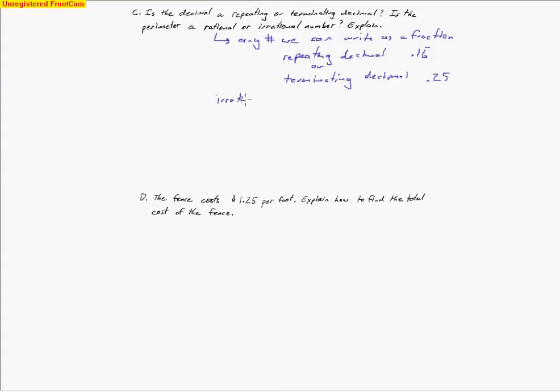Now, irrational is something that we cannot write as a fraction. So it is a number in which it does not repeat in a pattern and it does not terminate.